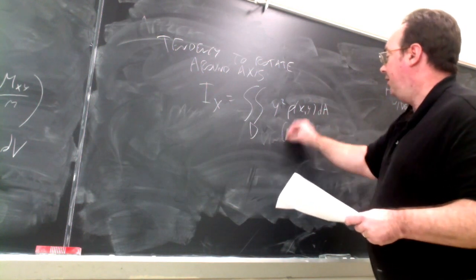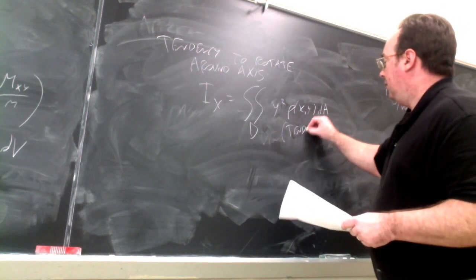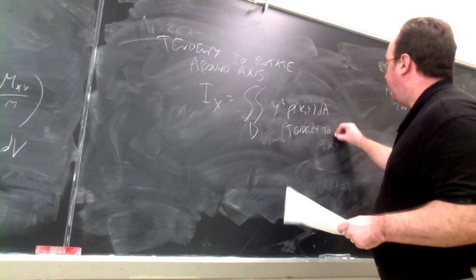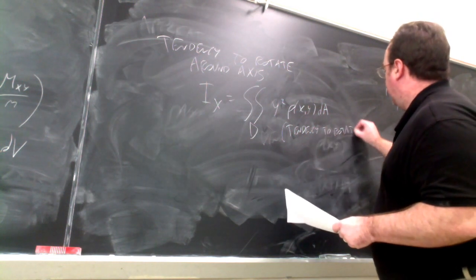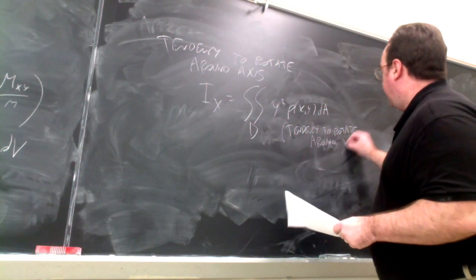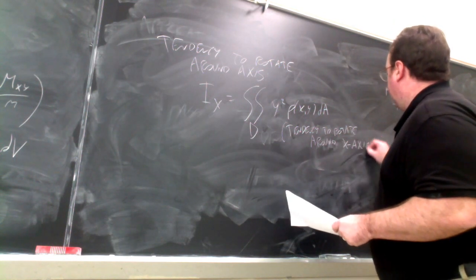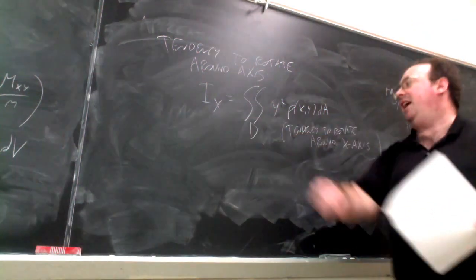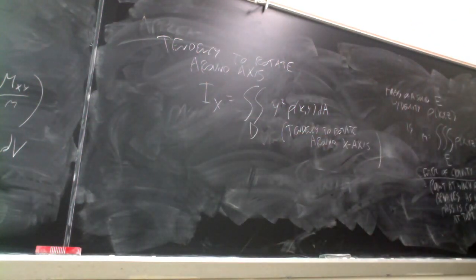So this is the tendency to rotate around the x-axis, which is why it's called I sub x. But what is the distance to the x-axis? That's y. So if it was just y to the first power, that would be for center of mass. But squared, it gives a rotational tendency.